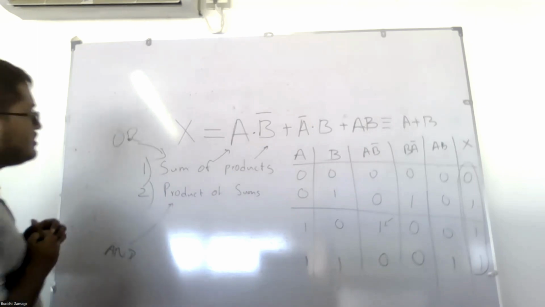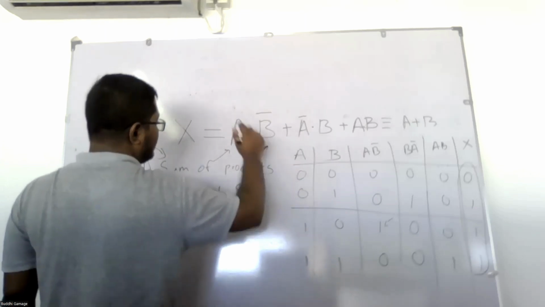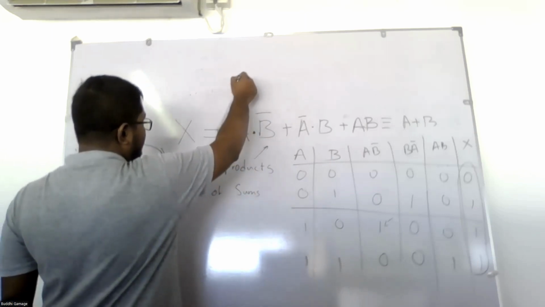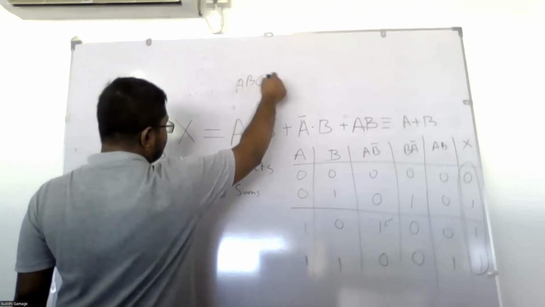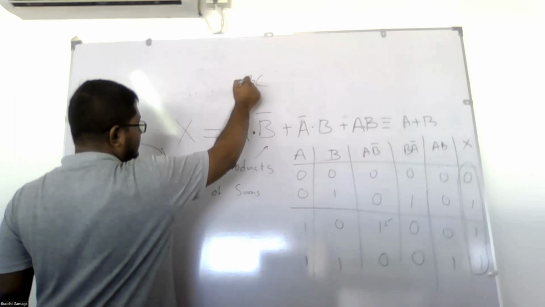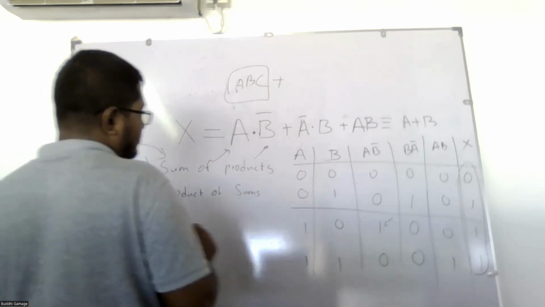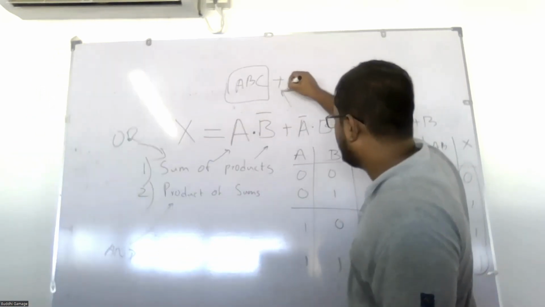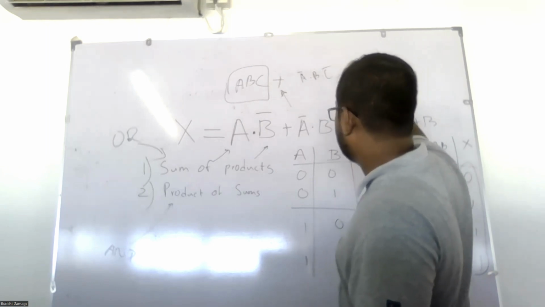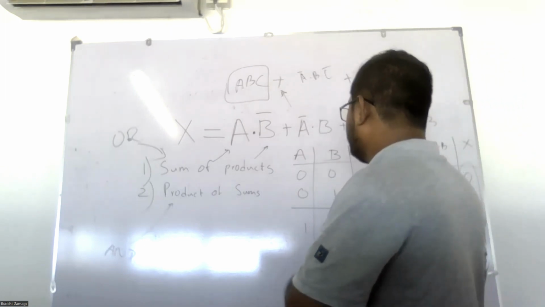If an expression inside has only products like AB or ABC or any kind of variables, and all these parts are connected by the OR gate for summation, that is sum of products.